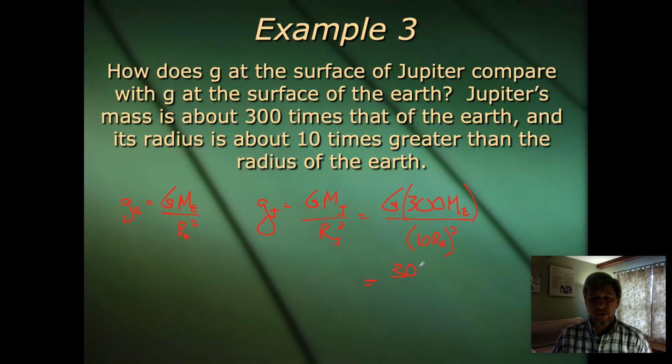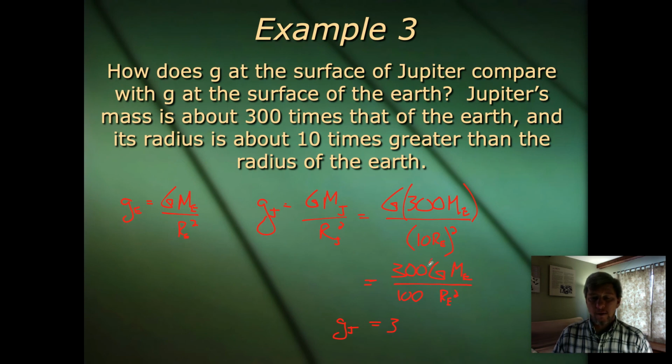Now, that's going to give me 300. I'm going to use the commutative property of multiplication here and move this out. 300 times G times the mass of the Earth divided by, now watch this carefully, what is 10 R_E times 10 R_E? It's actually 100 R_E squared. Now, this is going to be the gravity of Jupiter. 300 divided by 100 is, of course, 3.